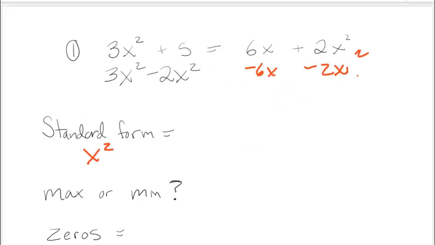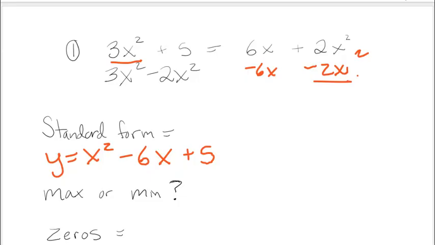So there was another x squared term over here, so we were able to combine those. There's only one x term, so that's going to shift over here, and then I only have the one constant. So this would be standard form. I'm putting the highest power first, then my next highest power, then no power. So it's just going in order.